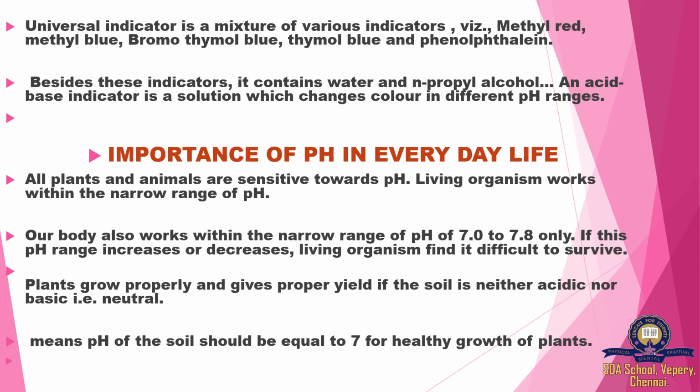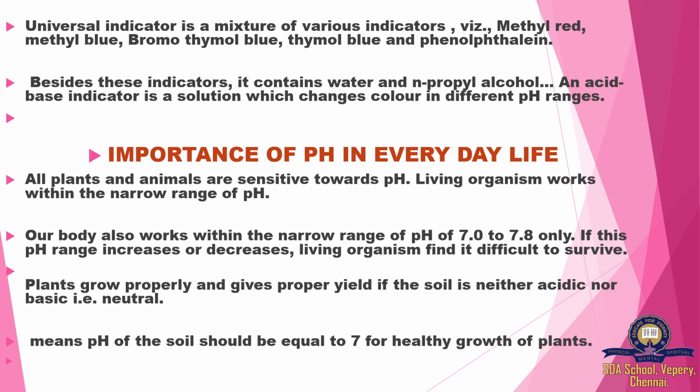If this pH range increases or decreases, living organisms find it difficult to survive. If it decreases, the acidic level will increase in our body and the basic level decreases. So we need to maintain the correct level in our body.